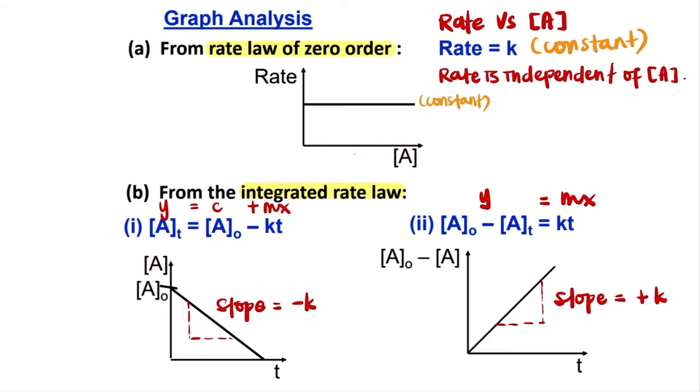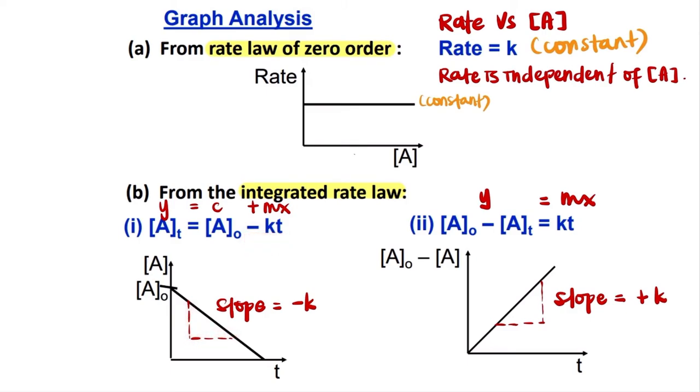Next, you can draw a graph from the integrated rate law. Yang dua tadi yang kita nampak, the integrated rate law. So the first one here, you can just equate it to y equals to mx plus c, okay. So if you want to find your rate constant, you can just find your gradient, okay.